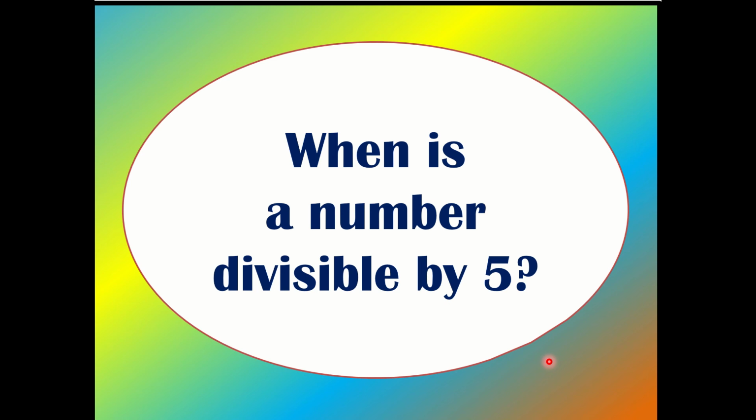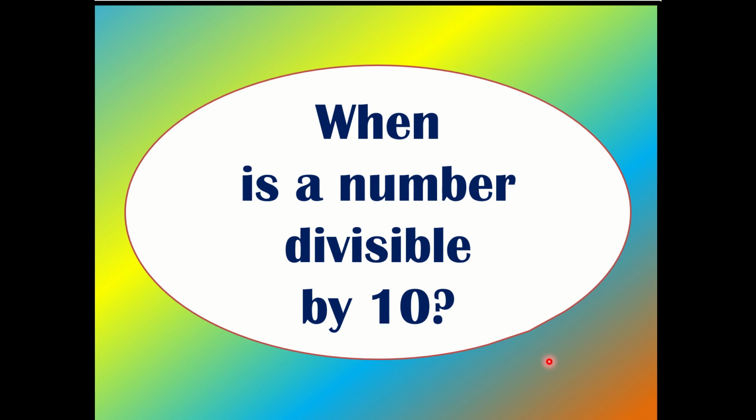A number can be divisible by 5 only if the ones digit is 5 or 0. When is a number divisible by 10? Remember, a number is divisible by 10 when the ones digit is 0. Correct.